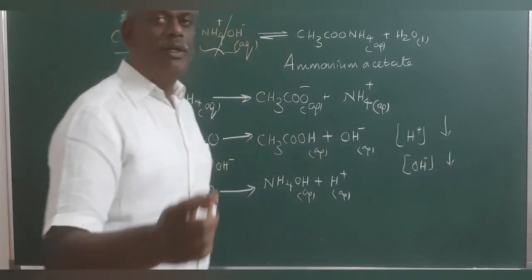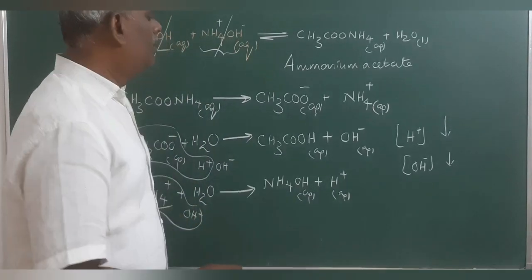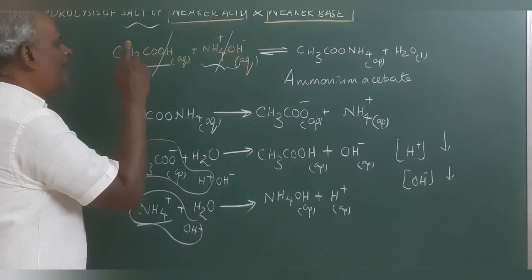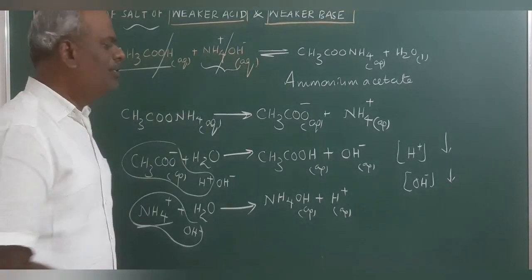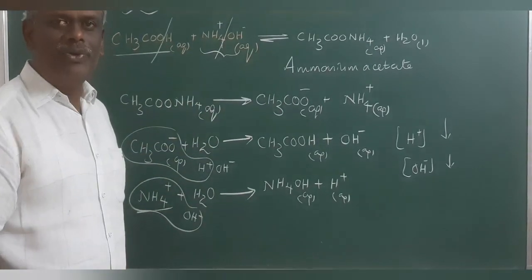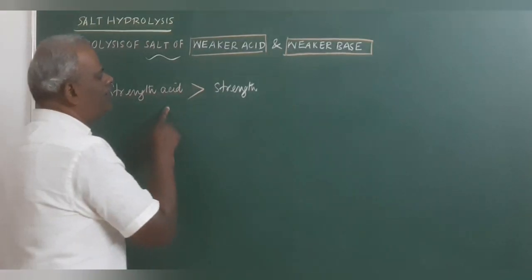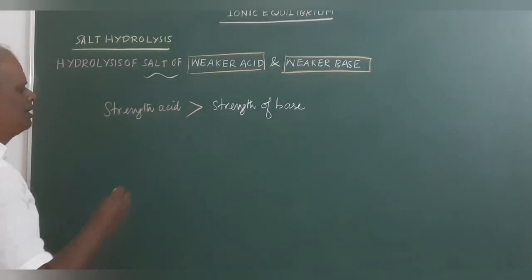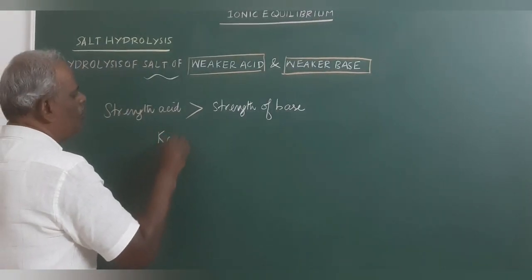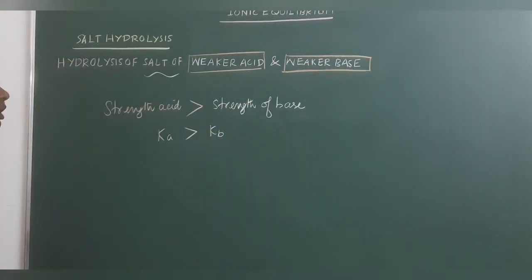So how do we predict whether the solution is acidic or basic? That can be discussed based on the strength of the acid and the strength of the base, as follows. If the strength of the acid is greater than the strength of the base, the Ka value would be greater than Kb.